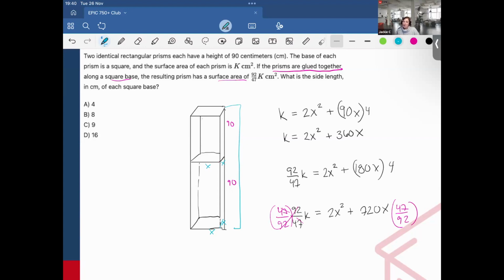However, now I have two equations in terms of k. Ultimately, I want the side length of each square base, which is x, so I just want to solve for x. I could do that algebraically, but the quickest way is setting those two equations equal to each other in Desmos.